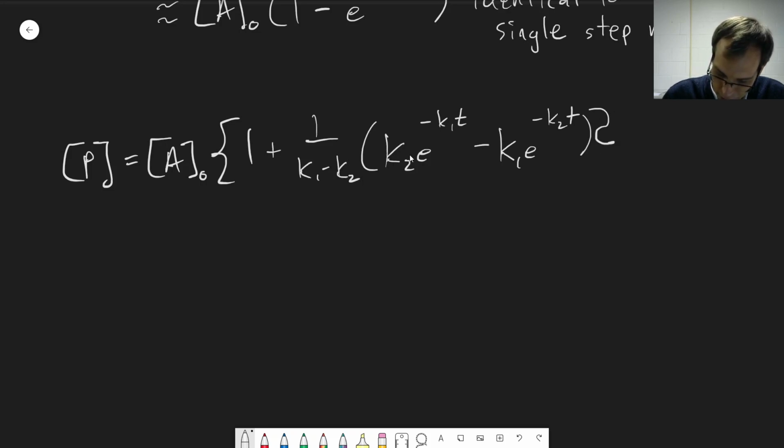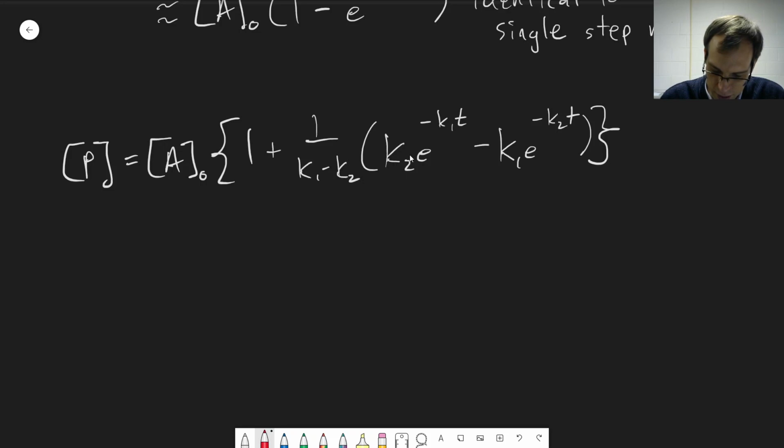Okay, so if K2 is much smaller than K1, or K1 is much larger than K2, either way you want to think of it, we're going to have the opposite case of everything that we decided before.